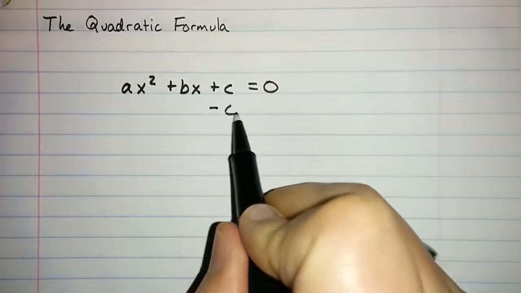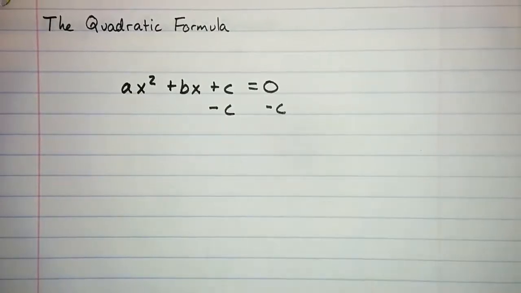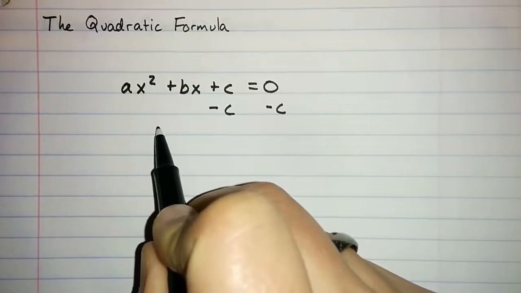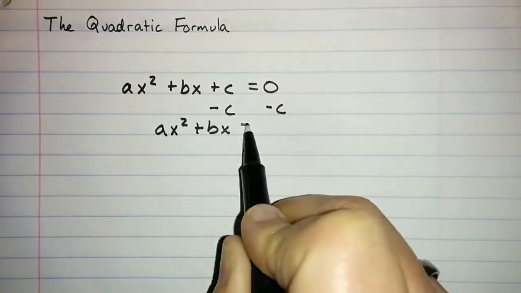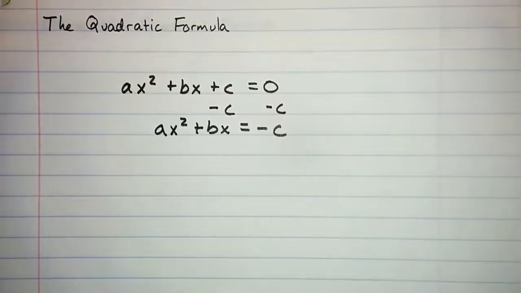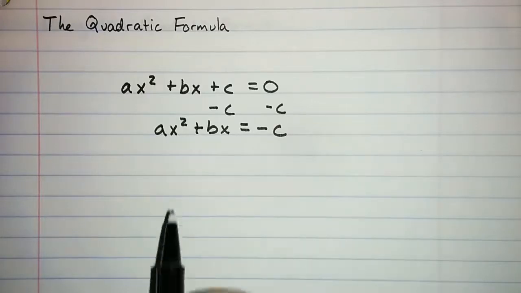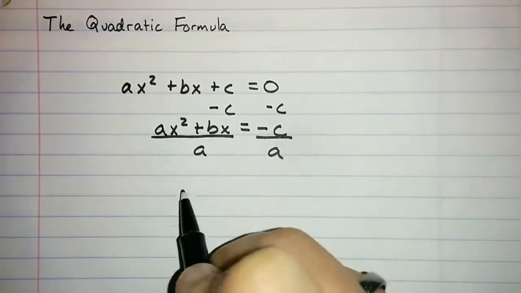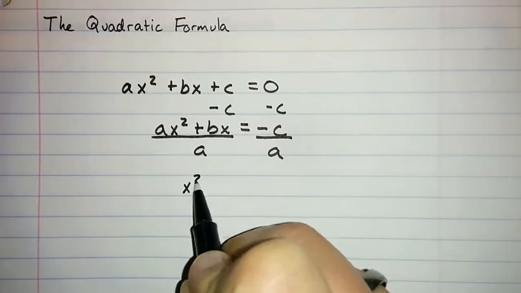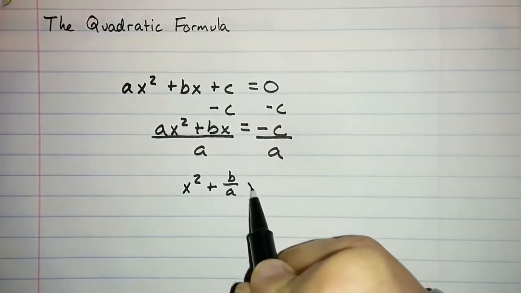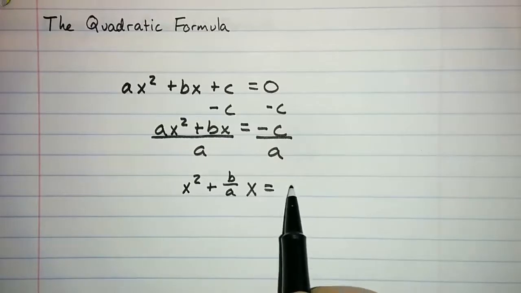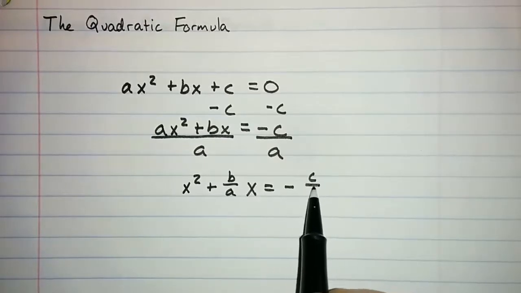We would subtract c from both sides, and we would have ax squared plus bx equals negative c. Then what would we do? Right, we would divide both sides by a, and that would give us x squared plus b over a x equals negative c over a.